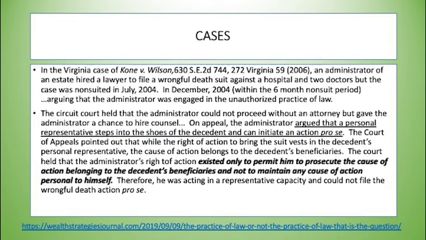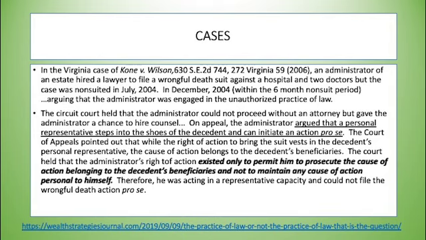In Virginia, Horne versus Wilson, there was an unauthorized practice of law action against a hospital and two doctors. The hospital should have gotten an attorney and did not, and the administrator of the hospital wanted to go forward, saying that he was truly the representative of the hospital, and that he was initiating an action pro se, in other words, representing itself by stepping into the shoes of the hospital as an administrator.